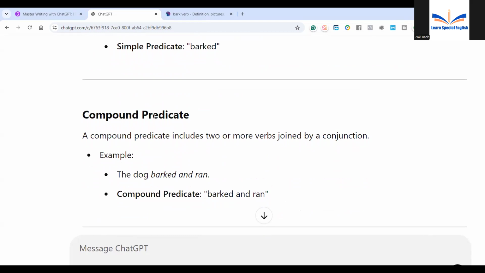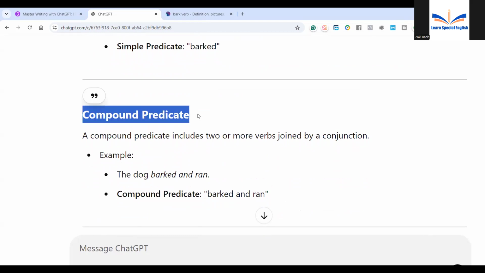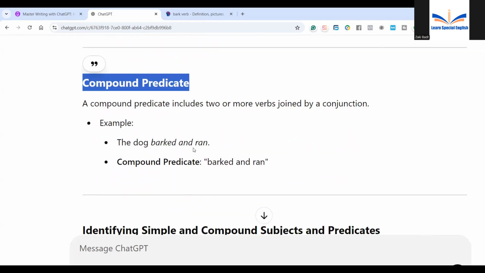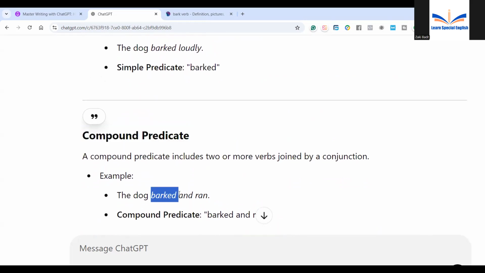Compound predicate means two verbs, one subject but two or more verbs. For example, the dog barked and ran. So barked and ran complete the sentence about the subject, dog. If you remove them, the sentence wouldn't make any sense.